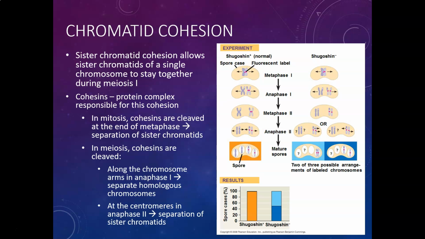The homologous chromosomes separate, but the sister chromatids stay together. The centromeres in the center of those sister chromatids don't actually separate until anaphase 2. By labeling and watching these proteins, adjusting what they do, we could see where those things went, and they were able to trace where, in fact, those molecules came apart and when.